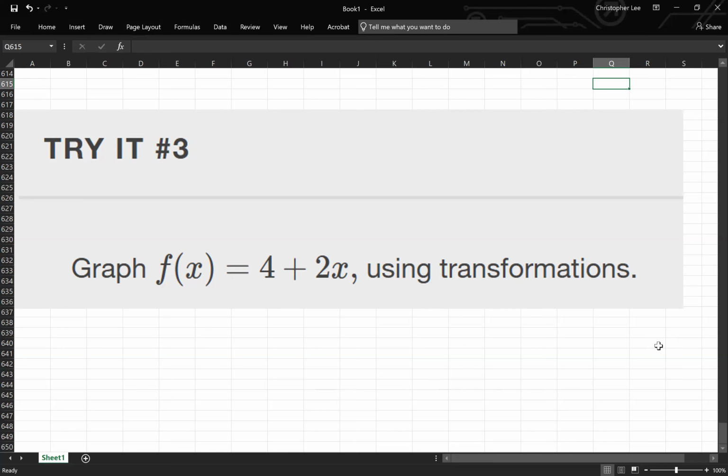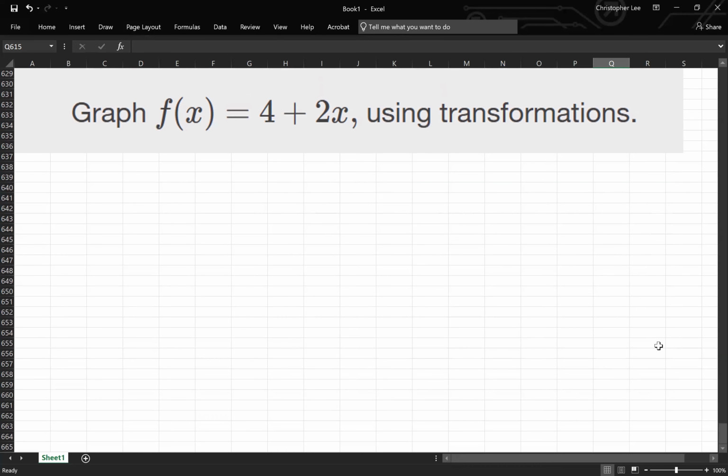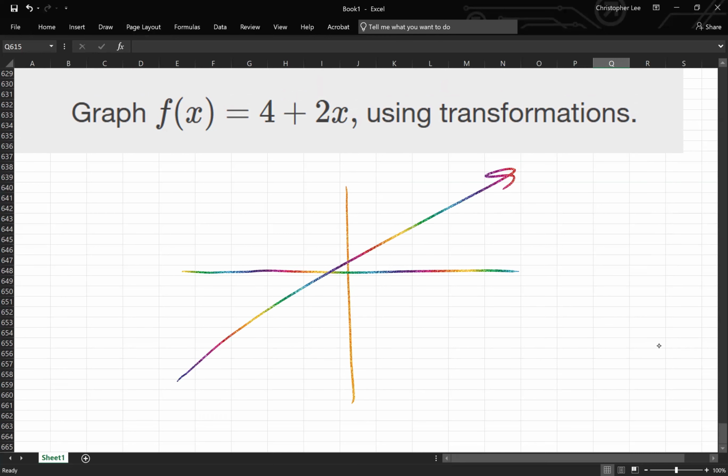All right, let's take a look. Hypothetically speaking, I have a graph like this, right through the origin. This is y equals x. Now this is up 4 units, so 1, 2, 3, 4. And then my slope is a little bit steeper, so maybe something like this.